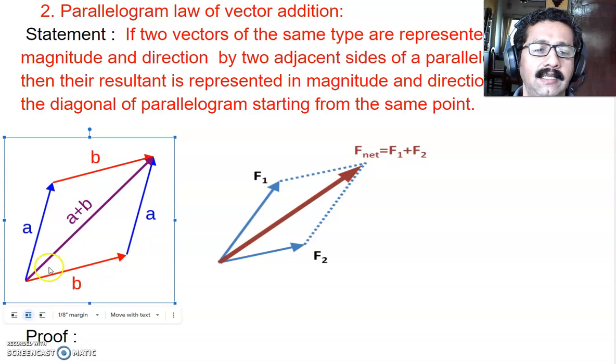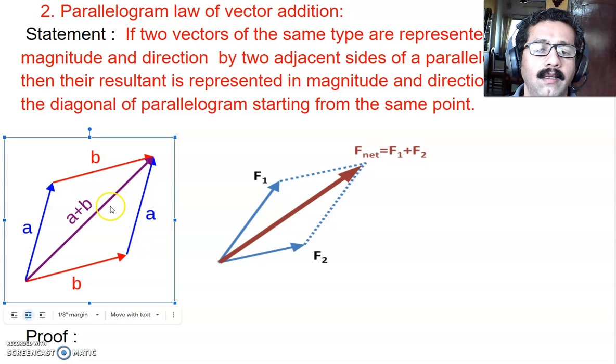If I have two vectors, A and B, acting at the same point, and I want to find the resultant vector A plus B, then I simply have to complete this parallelogram, and the diagonal which starts from the same point where vectors A and B were acting will represent in magnitude and direction the resultant of those two vectors. That is what it says.